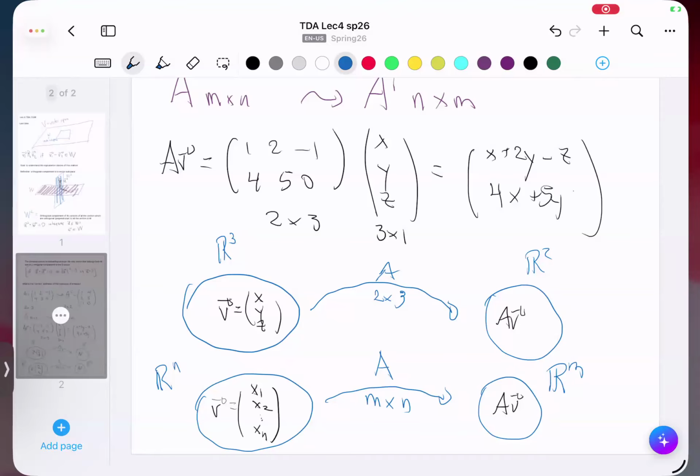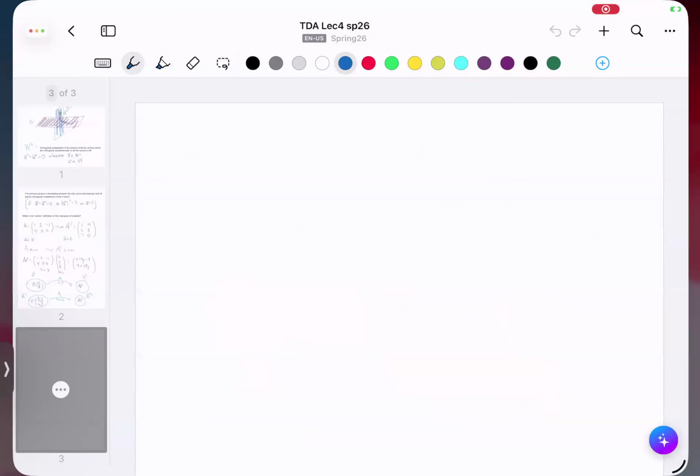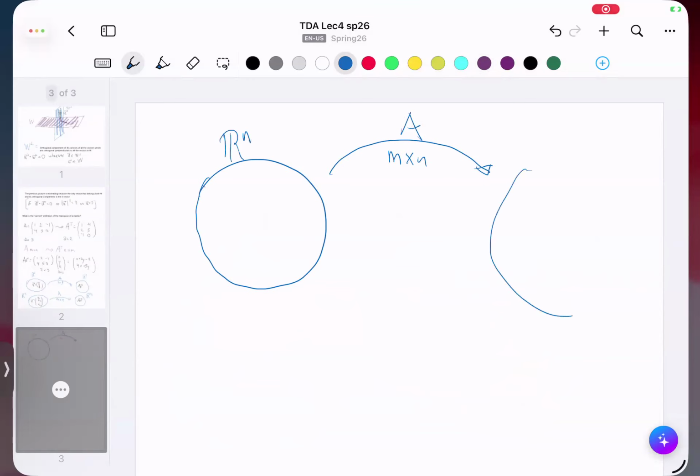Okay, and now once you have that perspective in mind, you can give the proper definition of the transpose, which I'll do with this diagram. So the correct definition of the transpose is that, again, if you have the matrix A, which is M by N, it starts in Rn and goes into Rm.